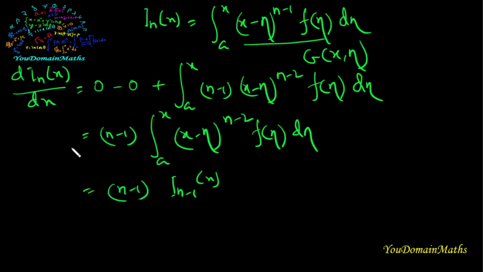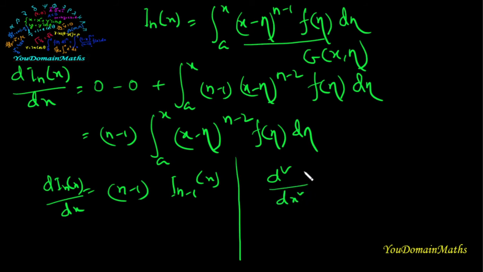Now we differentiate both sides of this function again. Differentiating these terms, the second derivative is equal to (n minus 1) times the derivative of I_{n-1}(x) with respect to x.